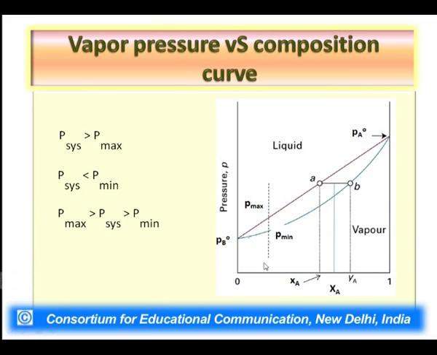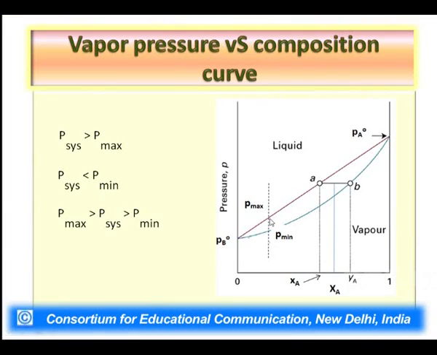When you raise the pressure exerted on the system, the pressure value increases, and it means the overall state point moves upward to reach this point where the pointer is pointing. This point is represented by symbol P min, that is minimum pressure. This means the minimum pressure at which two phases lie in equilibrium.